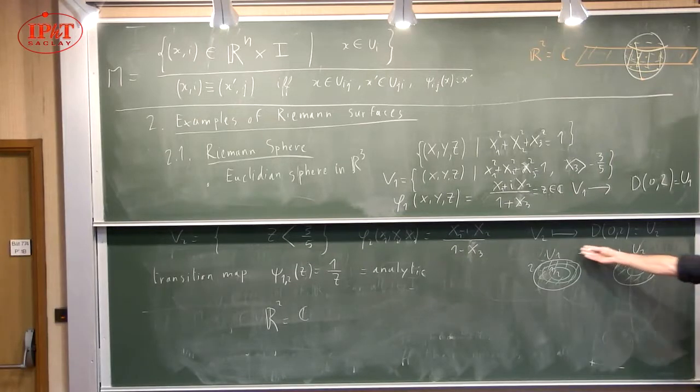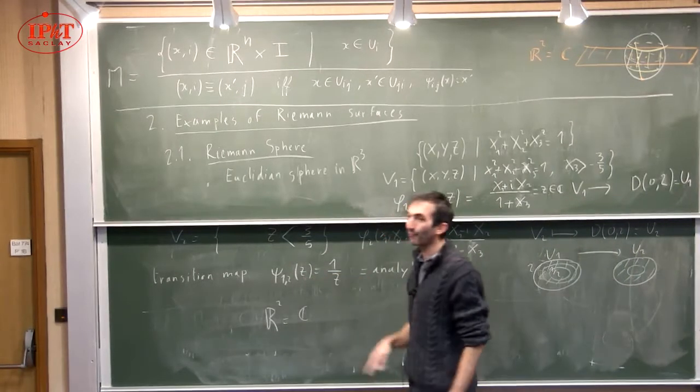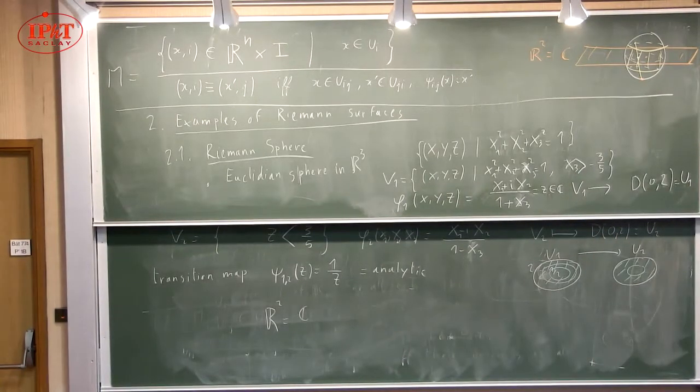Yes, so somehow it reverts the annulus with respect to the circle of radius 1. Very good. So the transition map is the map that sends Z to 1 over Z. And it's analytic, and its inverse is analytic, which means that I indeed have a Riemann surface.